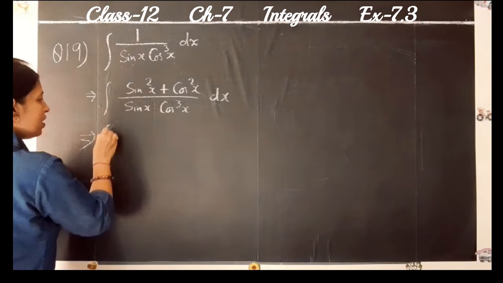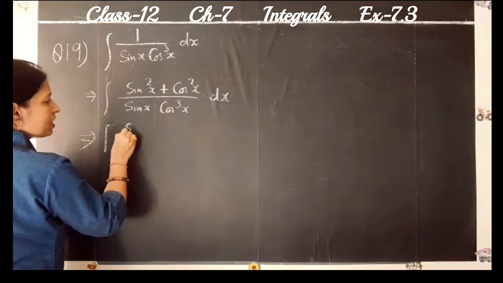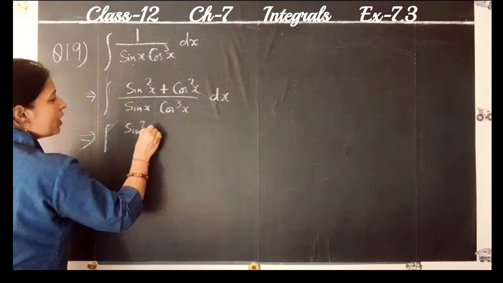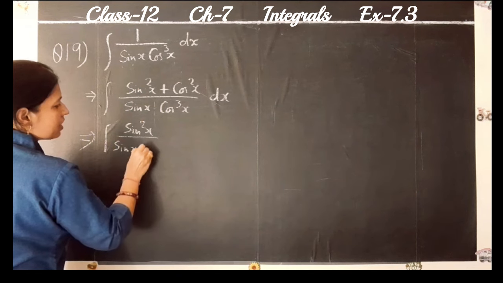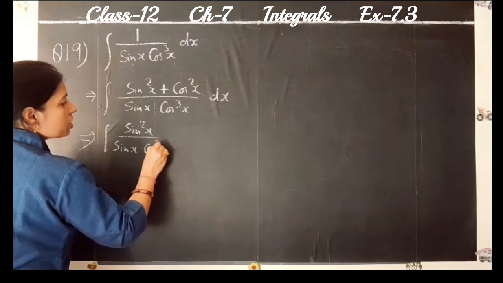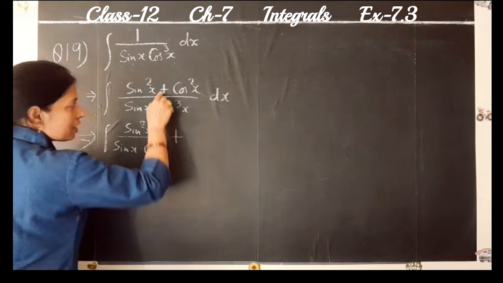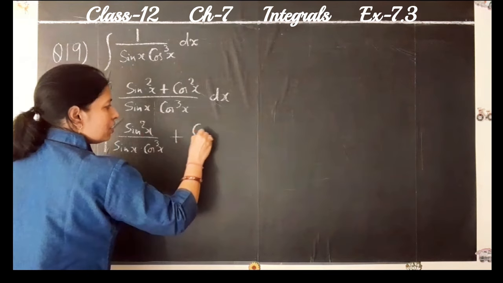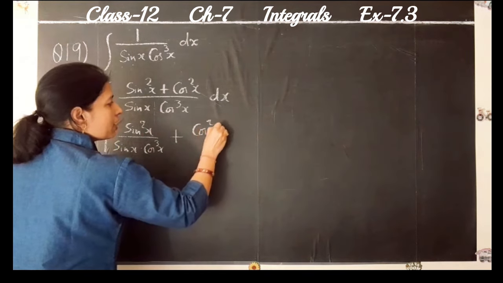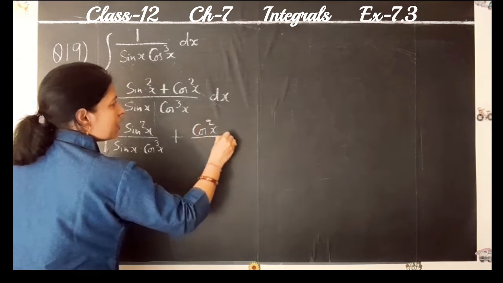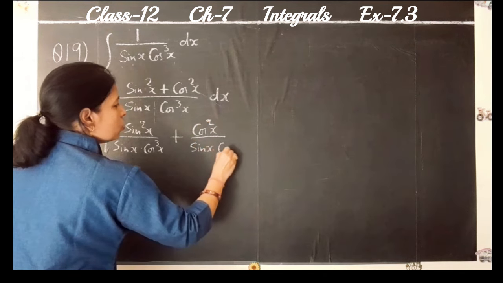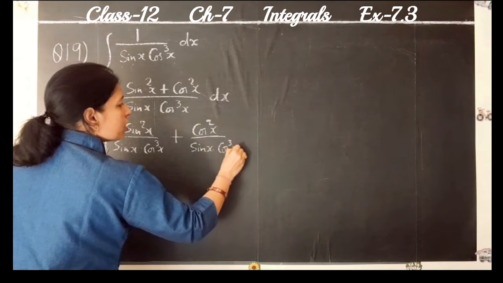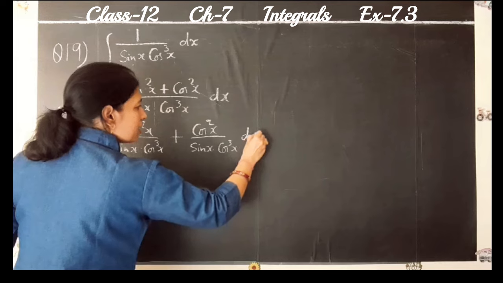So divide the first term, sin square x, by this denominator, sin x into cos cube x. Then write plus. Then the second one is cos square x, so cos square x is also divided by sin x into cos cube x, and write this dx.